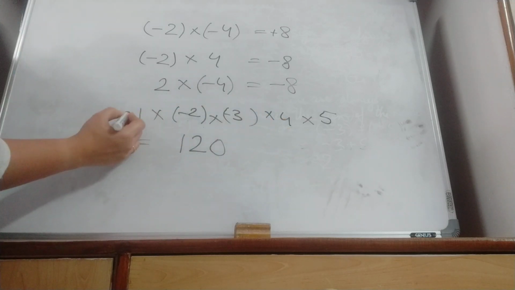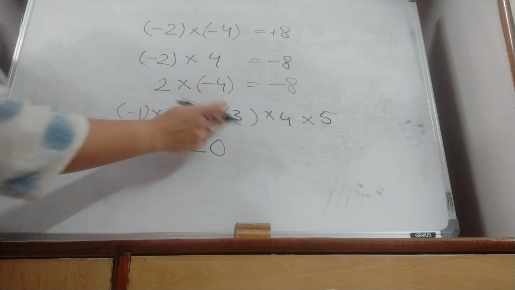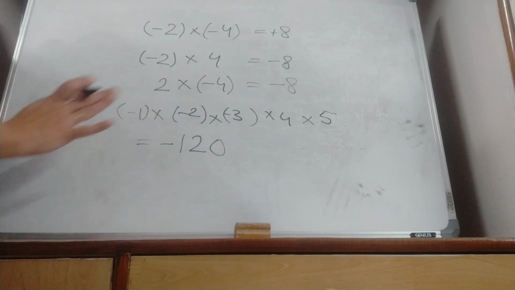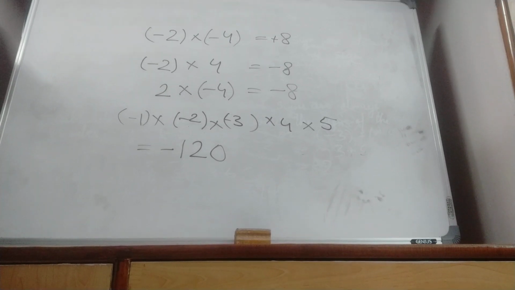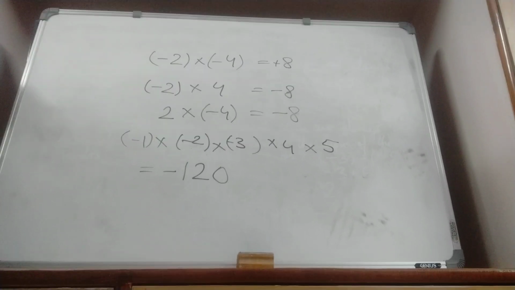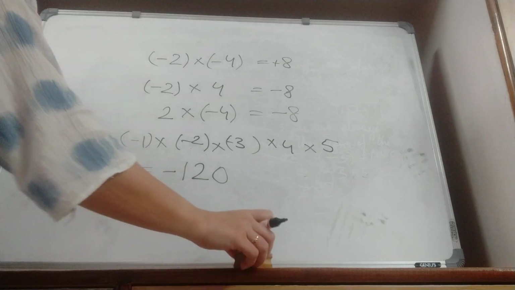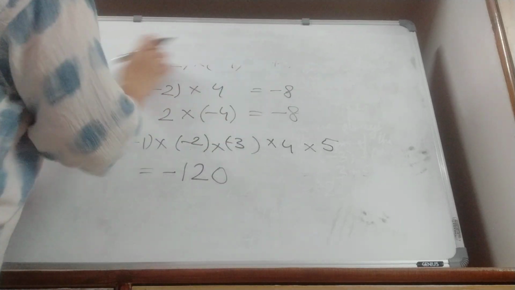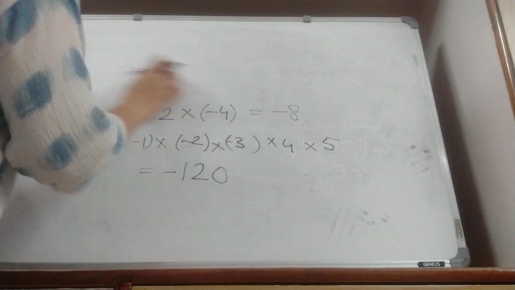Supposing I had a -1 here, supposing, then my answer would have been -120, because there were 3 negative signs. That's all in multiplication of integers. There's nothing which you should worry about. It's exactly the same like we do normal multiplication, just that you have to take care of the negative sign. That's it.